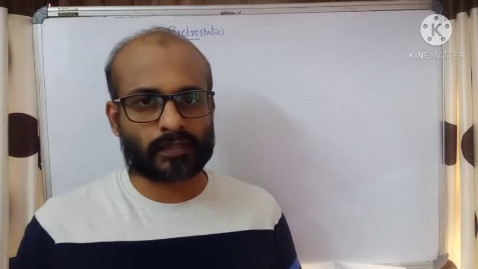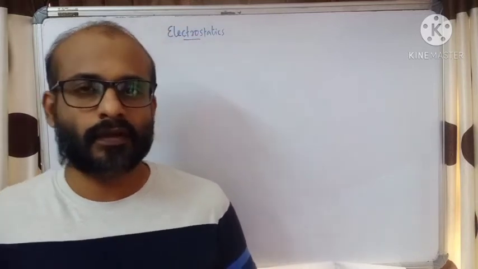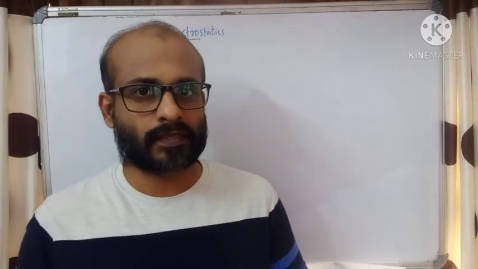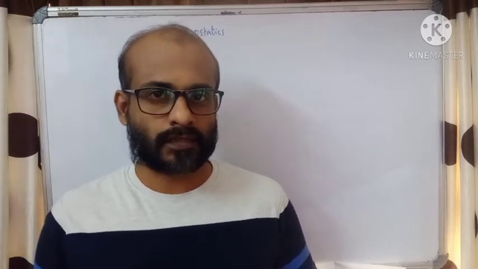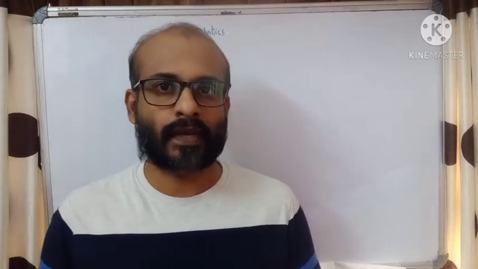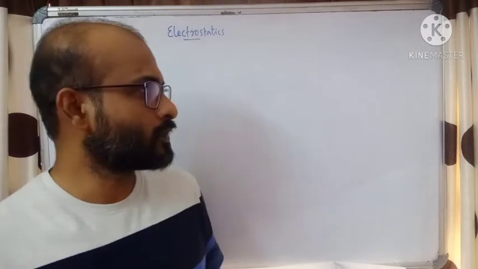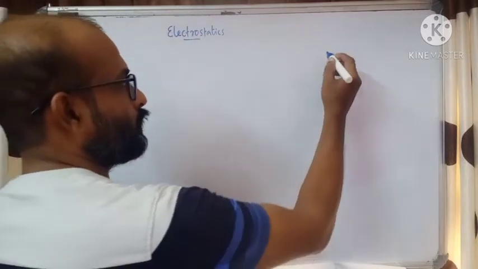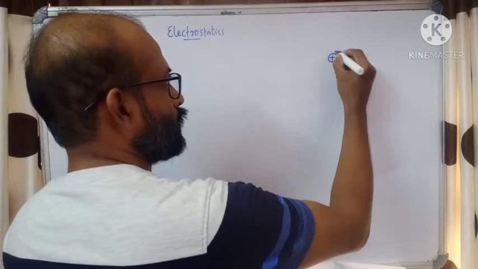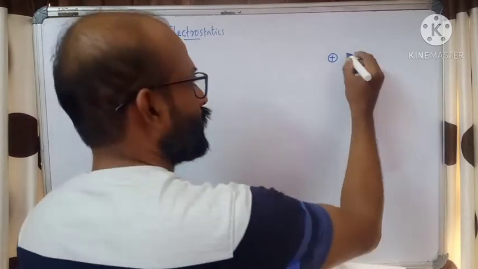There are two charges in nature, positive and negative. These charges can interact with the help of field lines, or lines of force. Surrounding every charge, whether positive or negative, there will be field lines. For an isolated positive charge, the field lines are directed away.